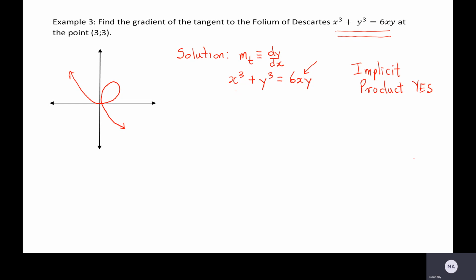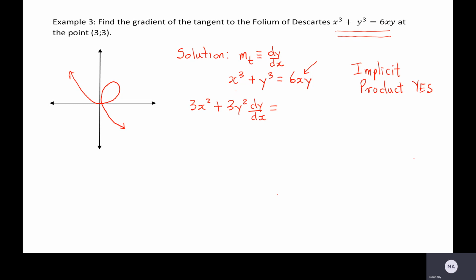Let's differentiate. The derivative of x cubed, 3x squared. Derivative of y cubed, 3y squared, times dy/dx. By now you should be thinking along those lines fluently. Now here, the product rule.